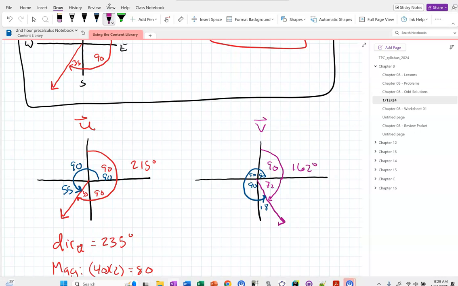So that would be 90 plus 90 plus 90 plus 18, or 288.